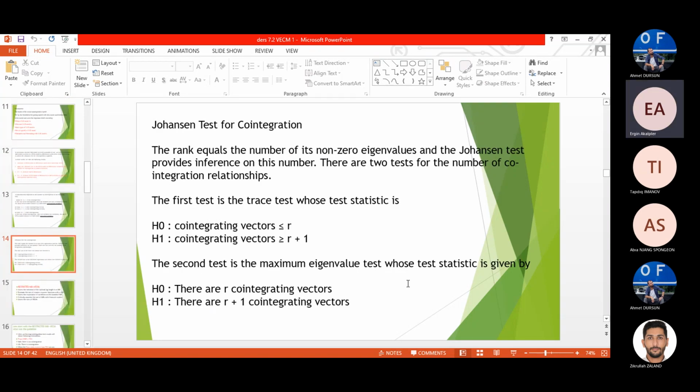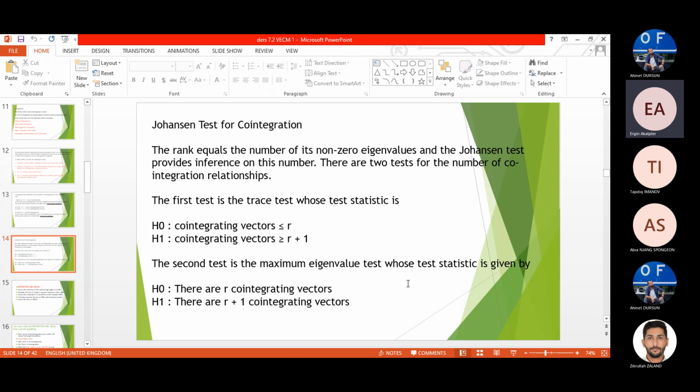In the Johansen test for co-integration, the rank equals the number of its non-zero eigenvalues, and the Johansen test provides inference on these numbers. There are 2 tests for the number of co-integration relationships.